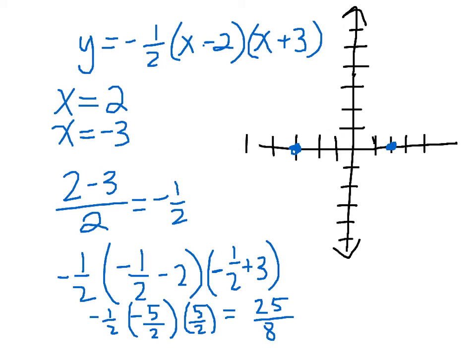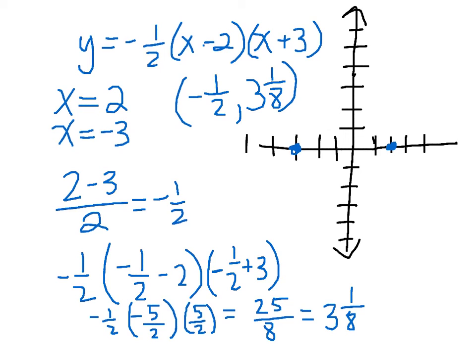And I know 24/8 is positive 3. So that's going to give us 3 1/8 as the y value of the vertex. So our vertex is negative 1/2, 3 1/8. And that's going to give me enough to get a good estimate on my graph of where the vertex should be.